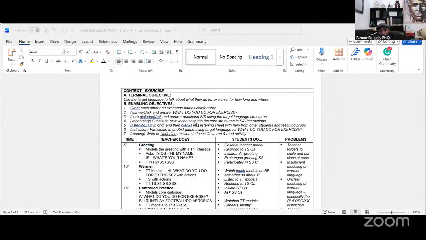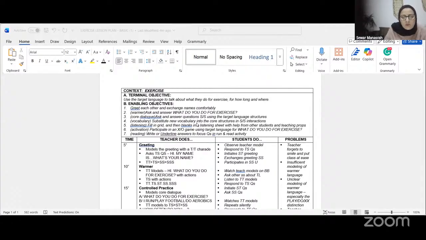A terminal objective is something that the student will be able to do in that class period that they will be able to use forever. So for example, in this lesson plan, we have used the target language to talk about what they would do for exercise.